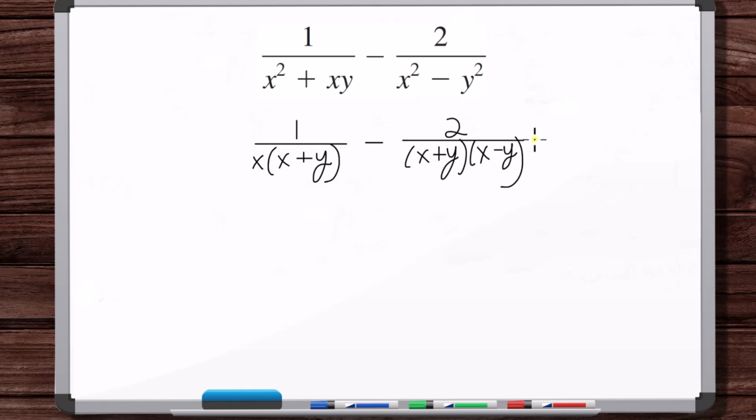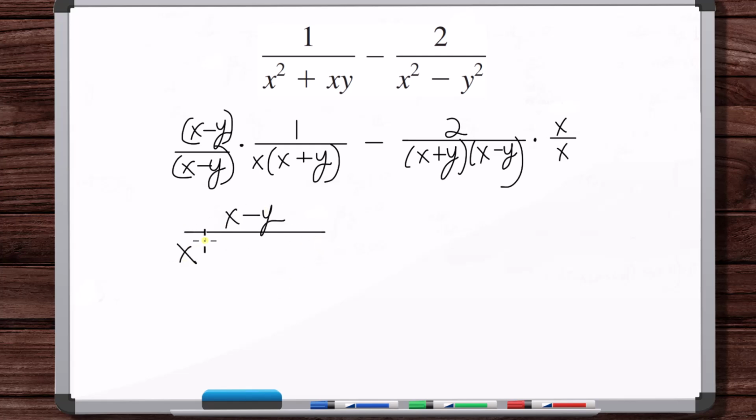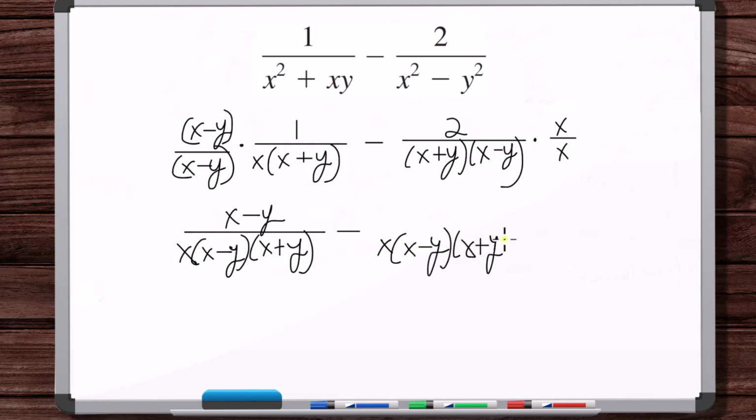So here we need an x over x to multiply by. Here we need to multiply by x minus y over x minus y. And then we'll get x minus y over x times (x minus y) times (x plus y), and here we'll get x times (x minus y) times (x plus y).